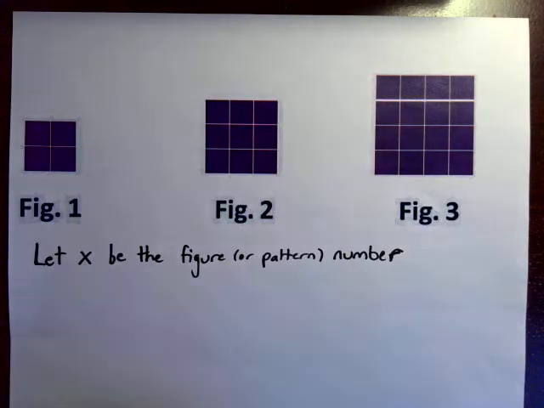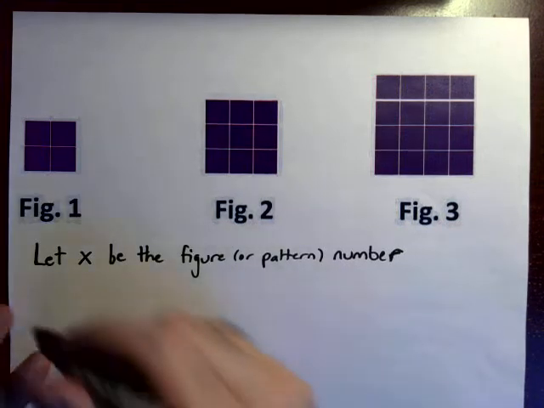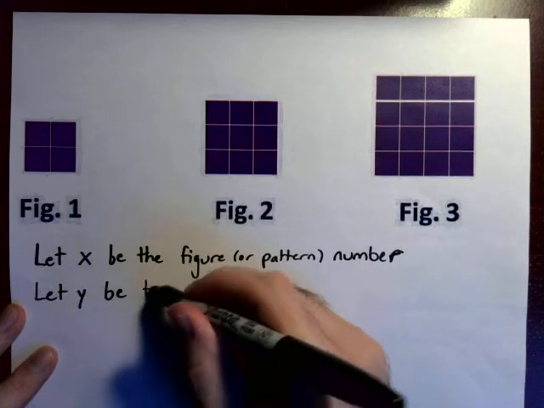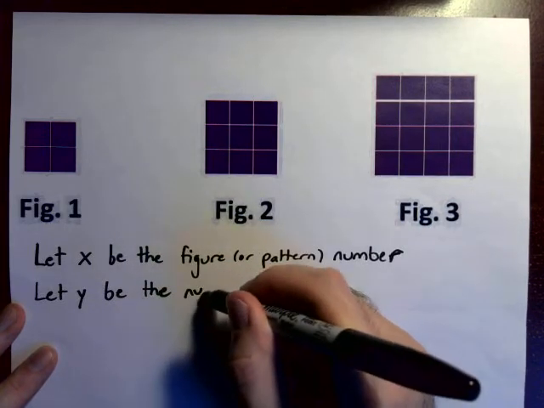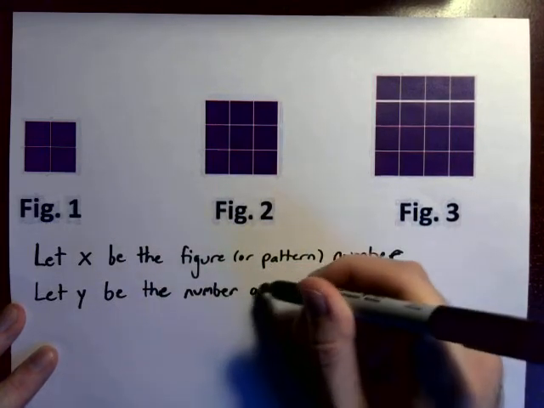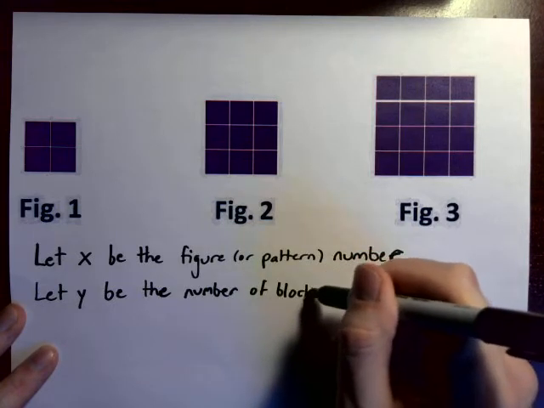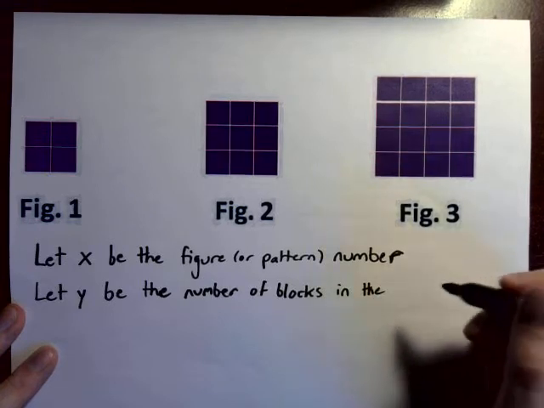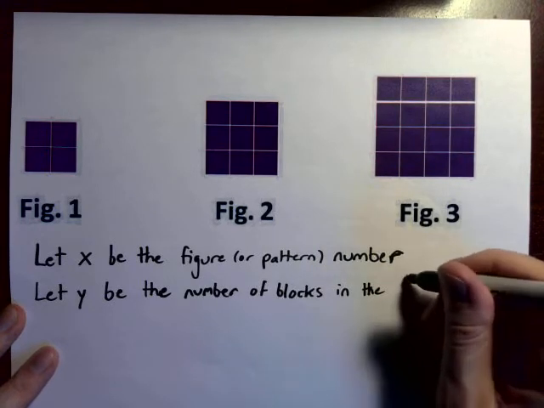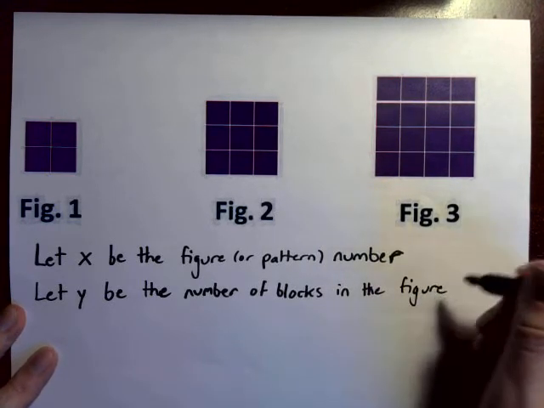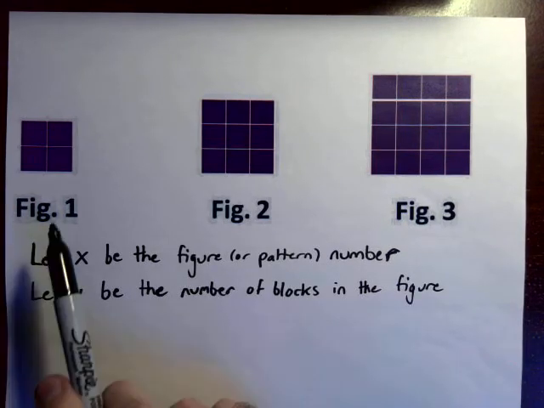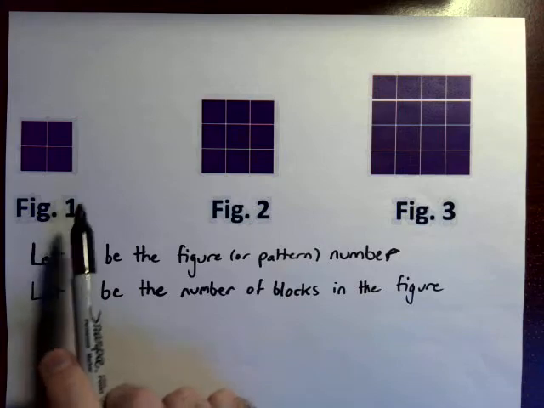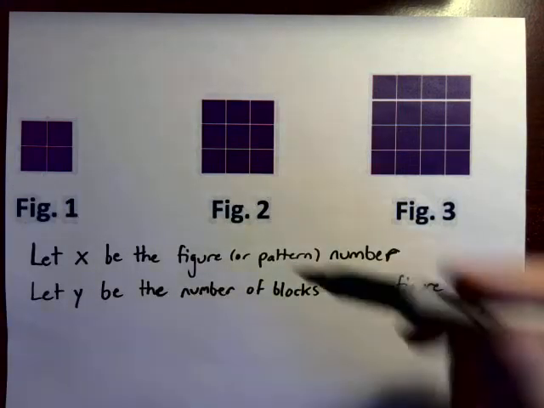So x is the pattern number or the figure number, and y is the number of blocks in the figure. We are trying to create an equation that relates the figure number or pattern number to the number of blocks.